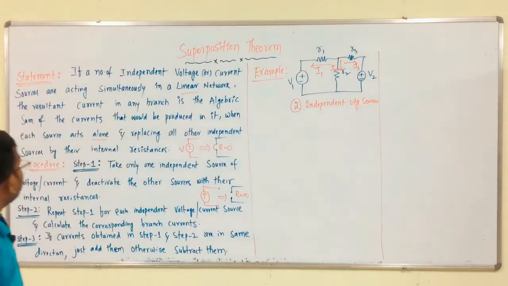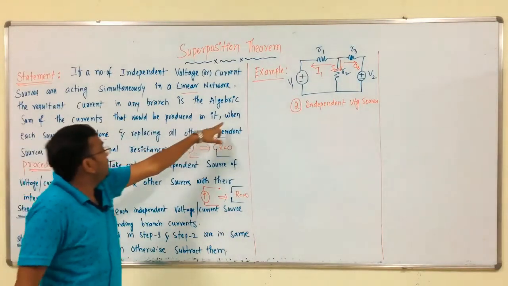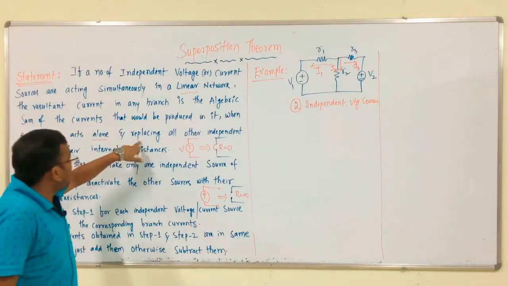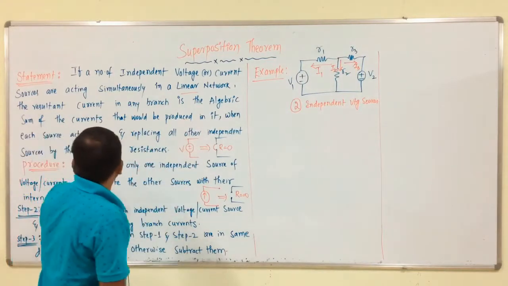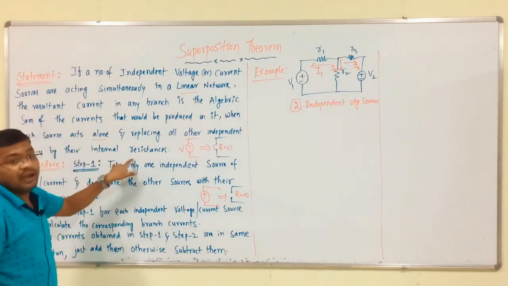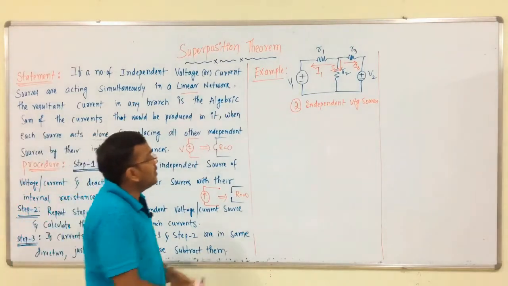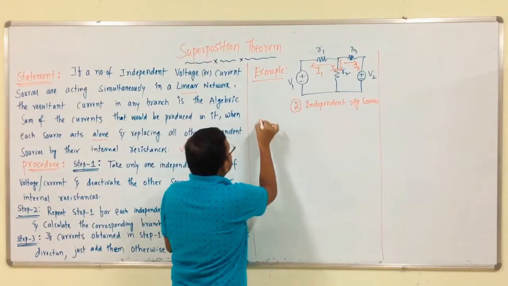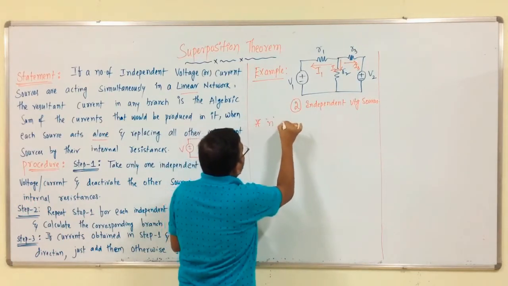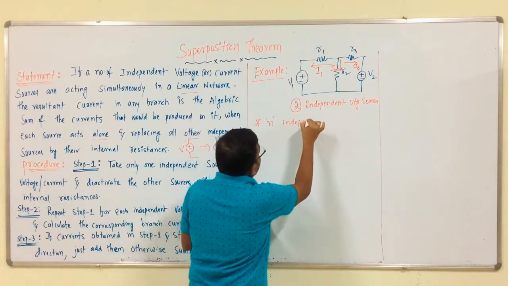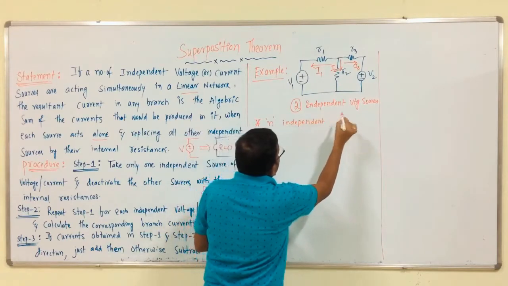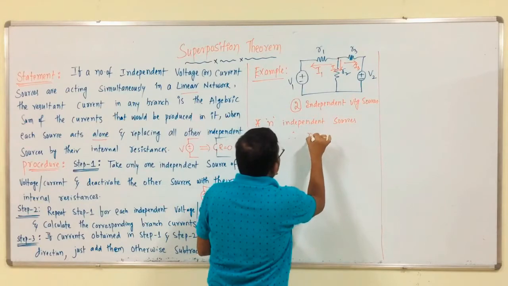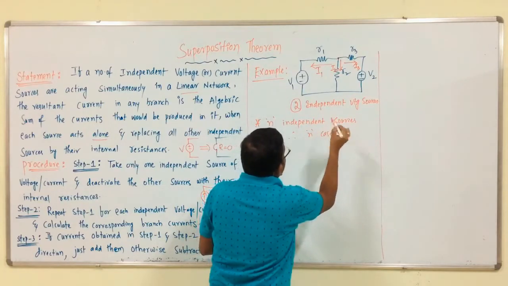See, when each source acts alone, all other independent sources are replaced by their internal resistances. Here we have two independent voltage sources, means n independent sources, therefore n cases.